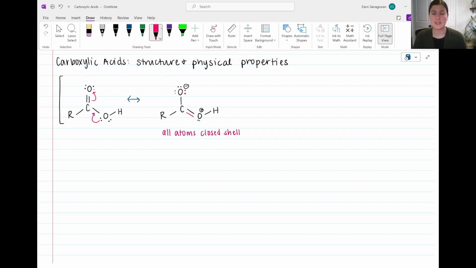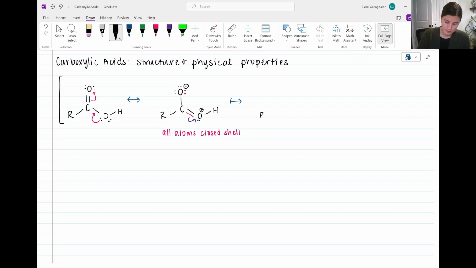So this is a significant resonance contributor compared to any resonance structures that contain an atom with an open shell. So we have the OH group oxygen that's electron donating, and we can see that through resonance. And then we could also draw another resonance structure where the electrons in that pi bond are owned by oxygen. We know that oxygen is more electronegative than carbon.